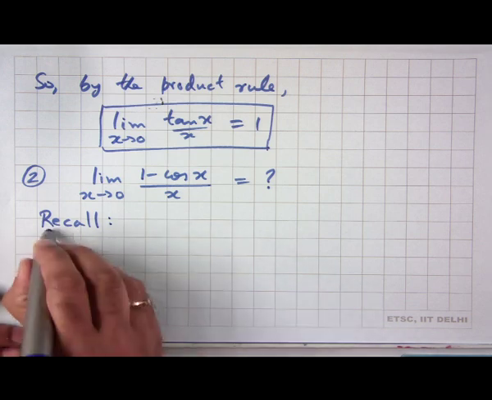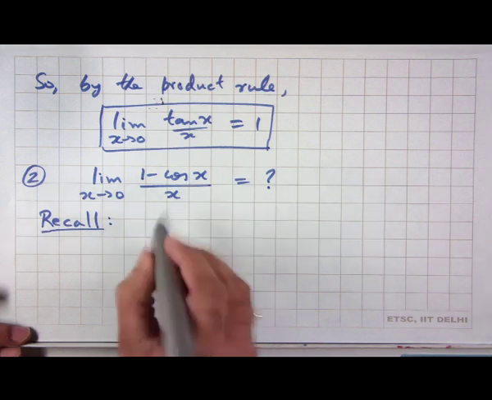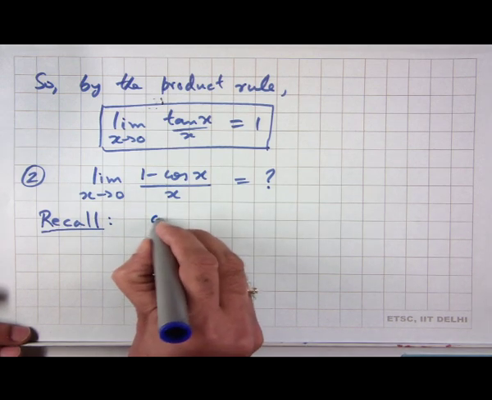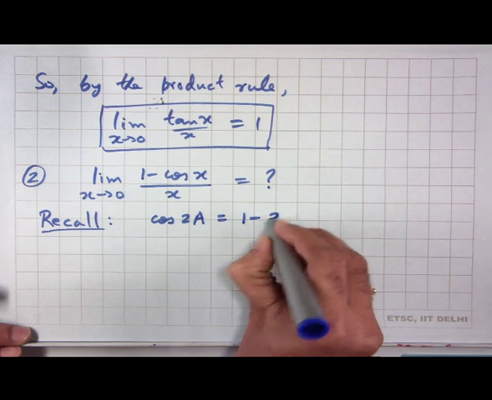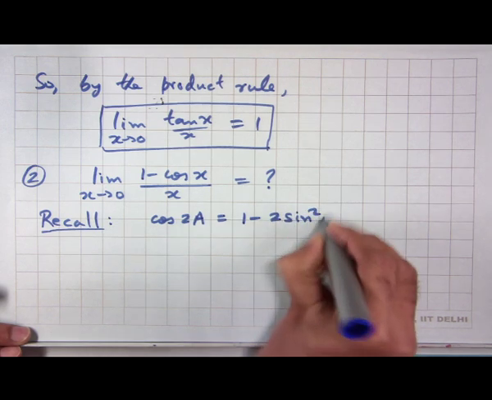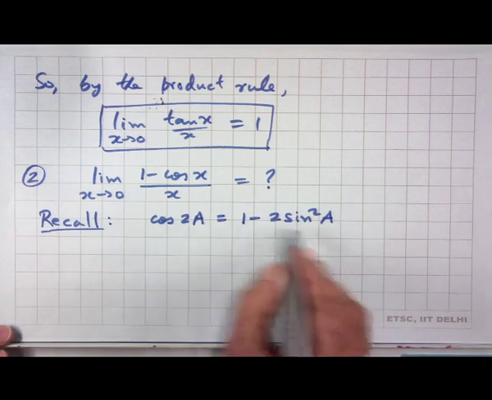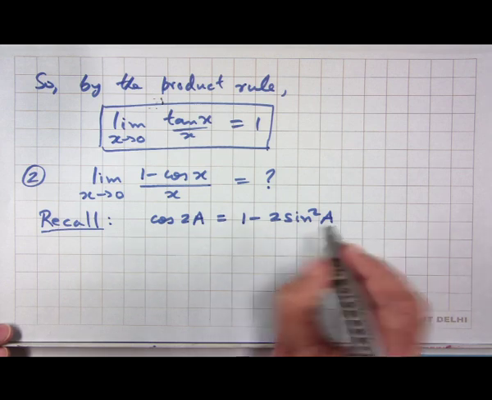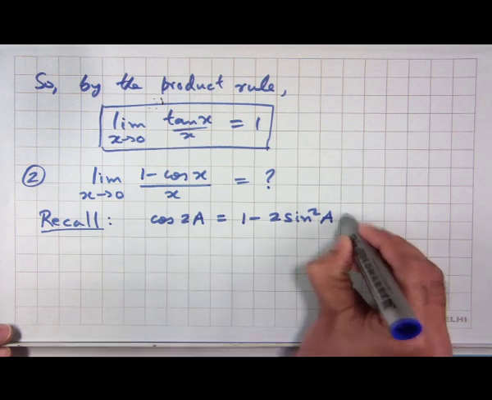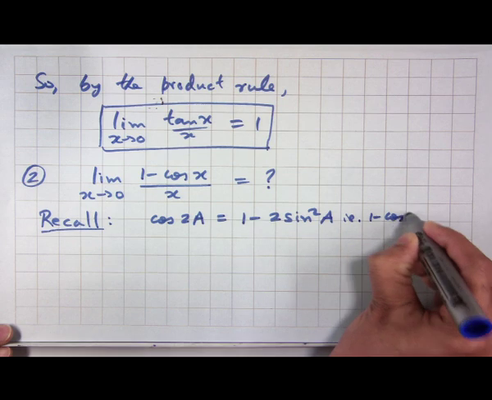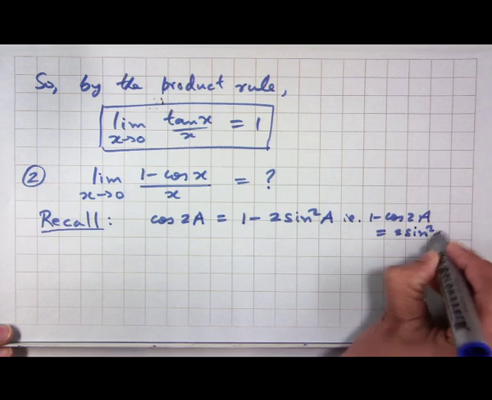we can express cos of an angle in terms of sine of half of the angle. So, cos 2a is cos square a minus sine square a, which is equal to 1 minus 2 sine square a. So, that is 1 minus cos 2a is equal to 2 sine square a.